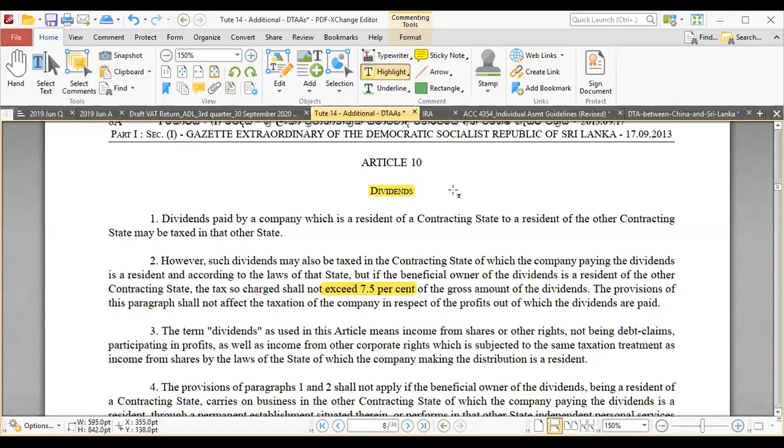What is the reason the government introduced it? Can anyone tell me? Why they have recently introduced that is in order to bring foreign currency into Sri Lanka.